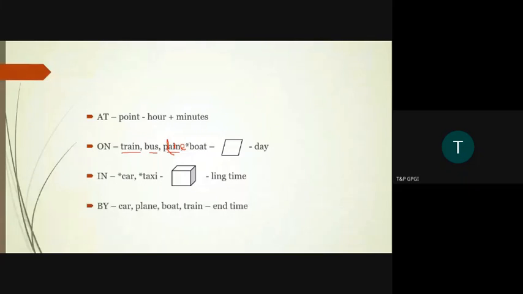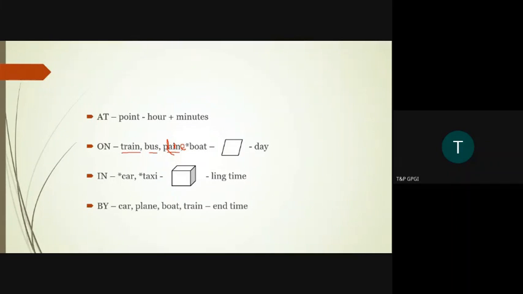It's a large thing, so we say you are on the bus because it covers a big area and you share it with a group of people. There are so many people sitting in that area.